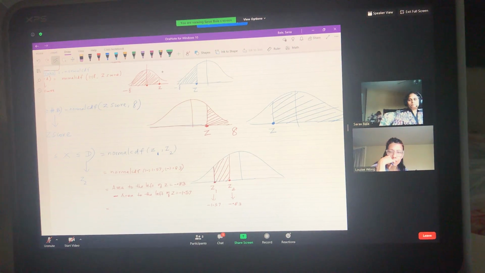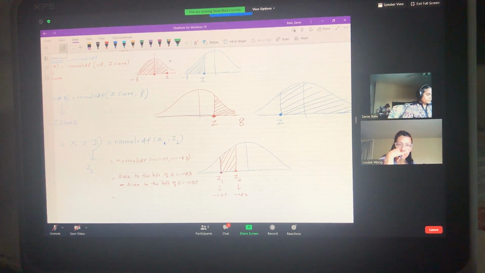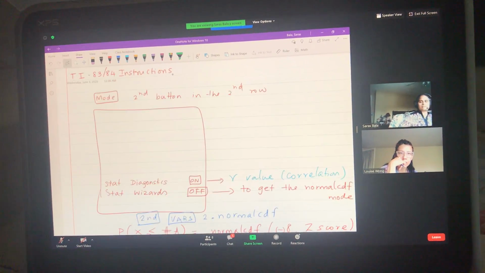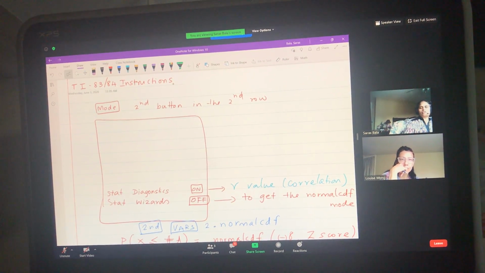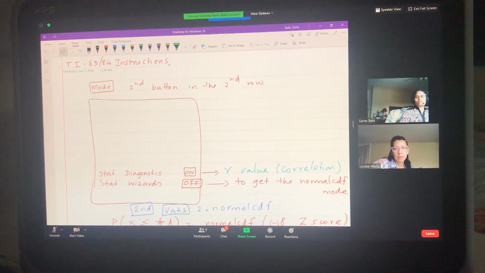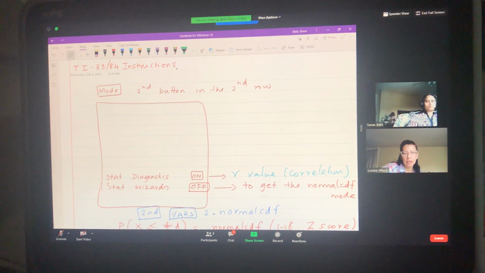That is right. So that's the process. I said go to the mode, turn off the wizards, and then you are going to get only the normal CDF. Once you turn off the wizards, you will get only the normal CDF mode. No way it's going to ask you the mu and the sigma value.